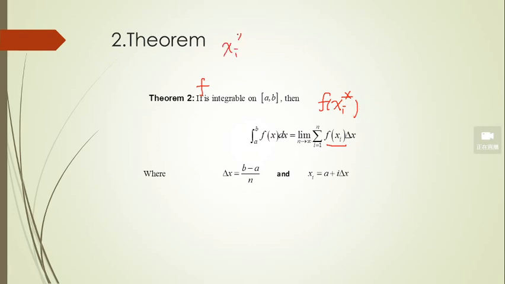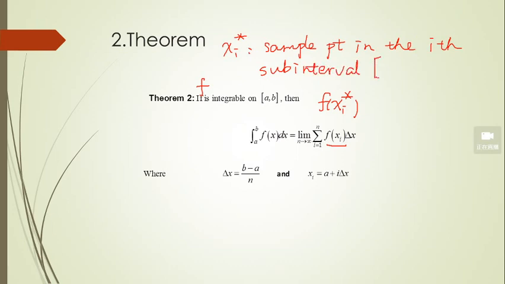Let me repeat, xi star is the sample point we choose in the i-th subinterval. What is the i-th subinterval? It is [x(i-1), xi], closed, okay? Those are all closed. x(i-1) to xi.